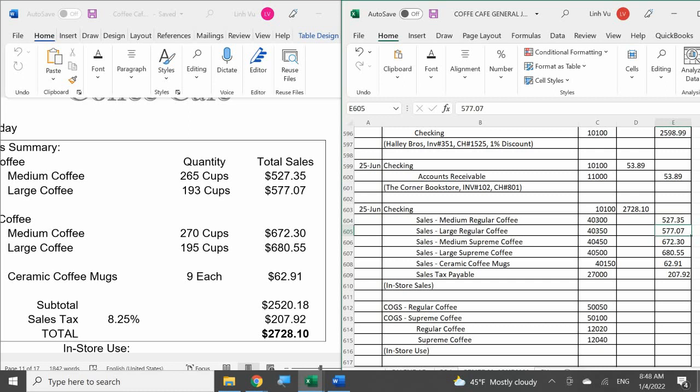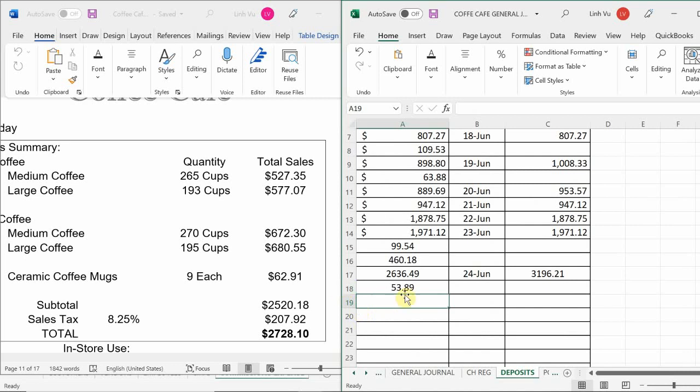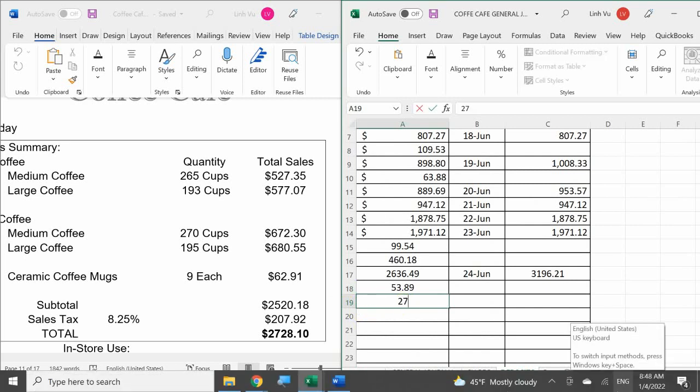So what next? We deposit the money. Okay, we can deposit the money. So we deposited a total of 2,728.10.